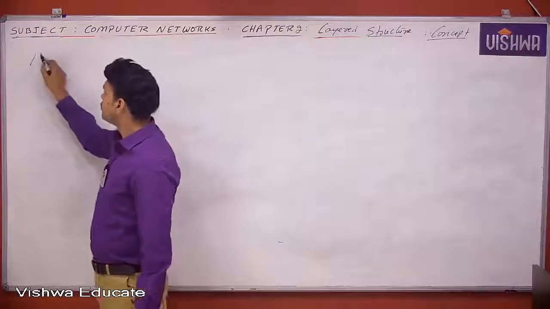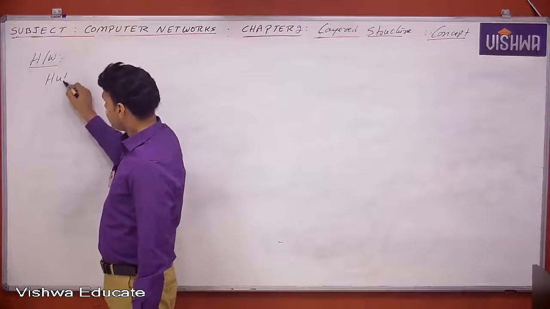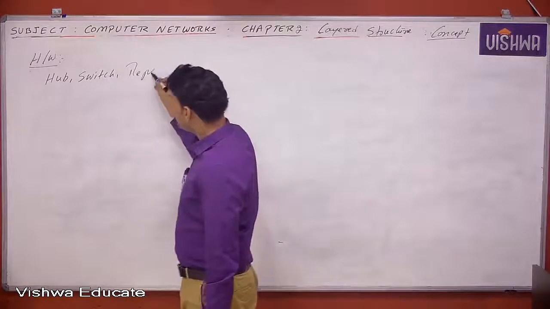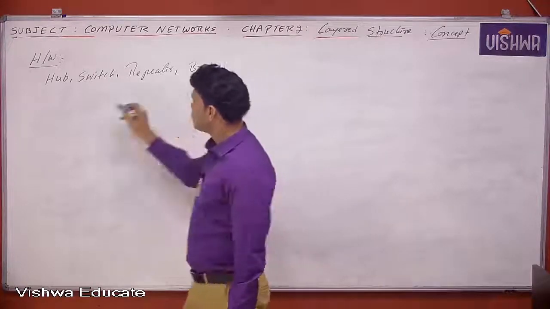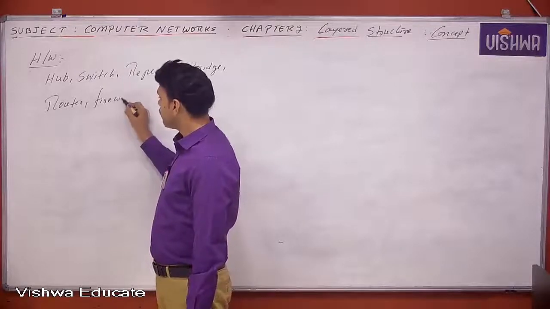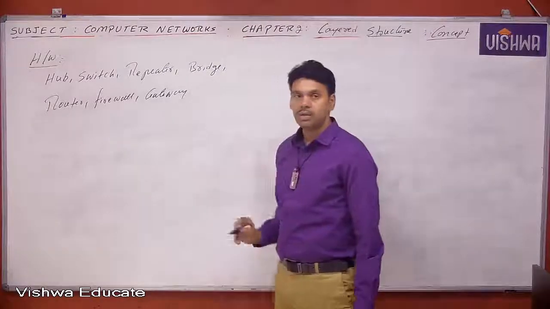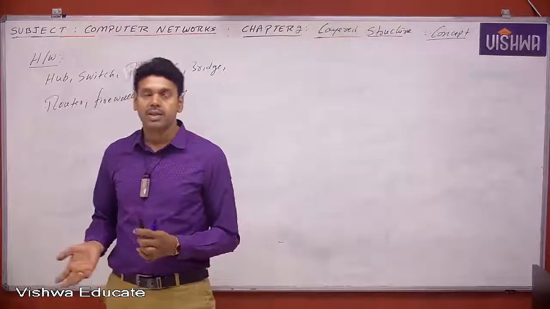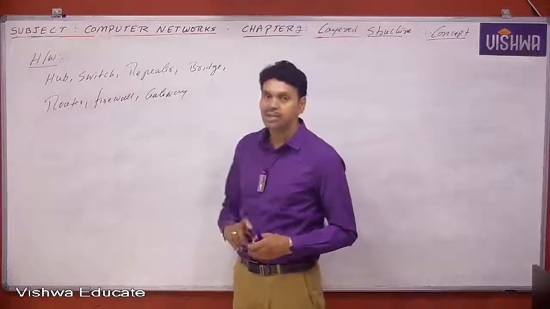They are hub, switch, repeater, bridge, router, firewall, gateway. These are very, very important questions. And being a computer science student or EC or any person who wants to enter the communication field, you are supposed to learn about these devices carefully.